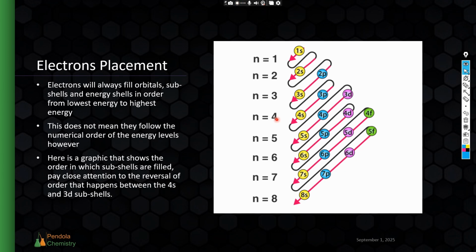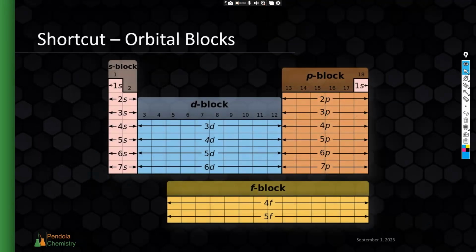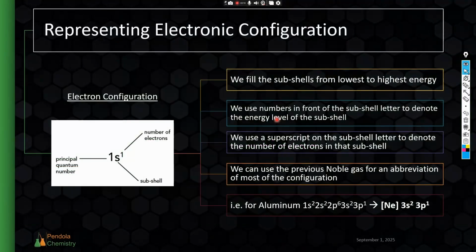If you need help remembering how to use that trick, you can go back and look at the video for section 3. So, we're going to fill the subshells from lowest to highest in energy by using that trick that we learned earlier. We're going to use the number in the front to denote the energy level, and the superscript to denote the number of electrons in that sublevel.